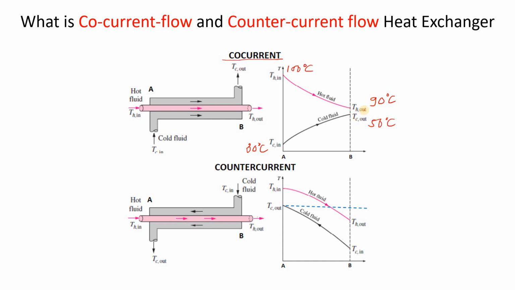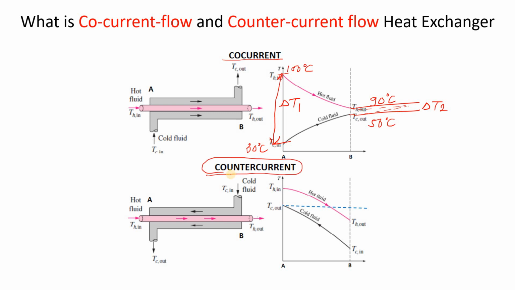One thing you should remember is that the hot fluid outlet temperature will always be greater than the cold fluid outlet temperature, and they will both meet at infinity. Now if you see at this end, the delta T is higher, let's say delta T1, but in this case the delta T2 is very small.